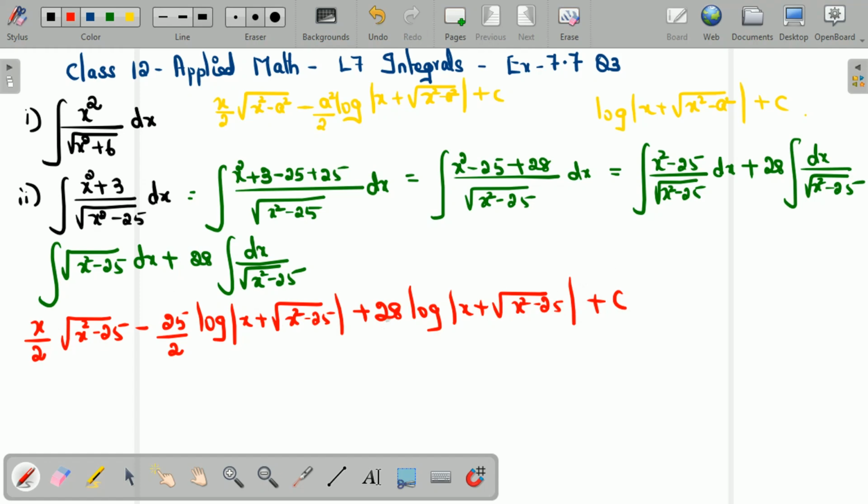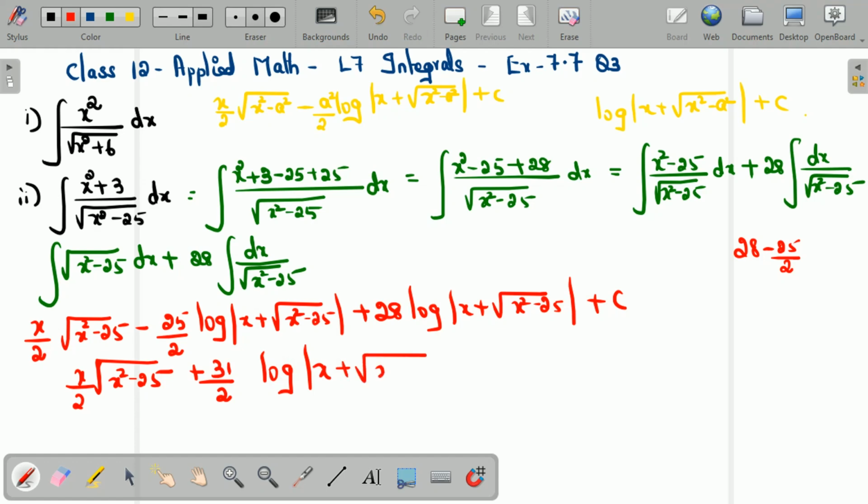Now the coefficients in both cases are different, but the terms are the same. So I'm going to combine these expressions, whereas I copy down the first one. So this is x by 2 root of x squared minus 25. Now look at this: this is 28 minus 25 by 2, so this is 56 minus 25. So this is going to be plus 31 by 2 log of x plus root of x squared minus 25 plus c.